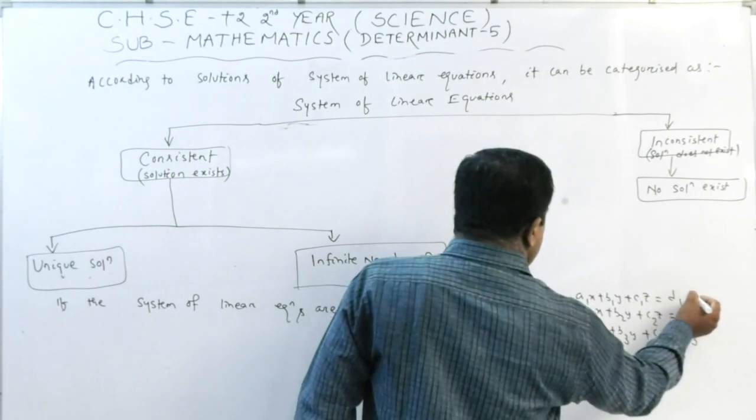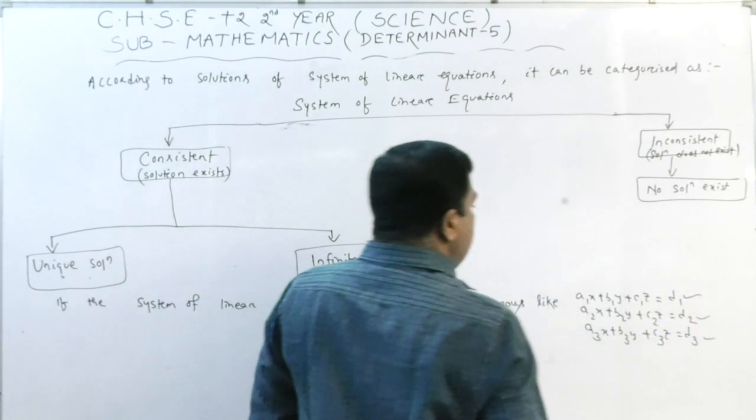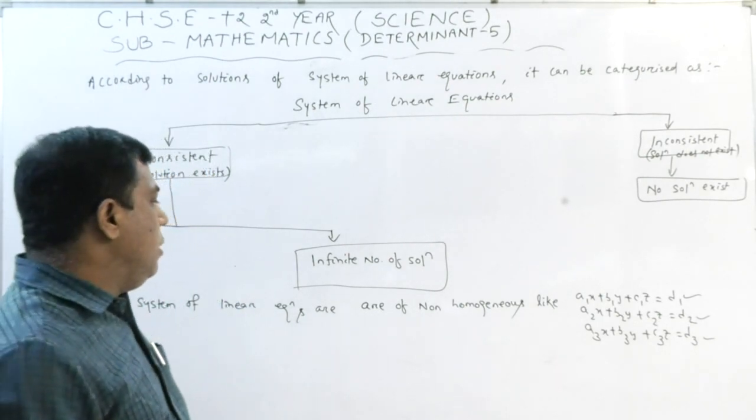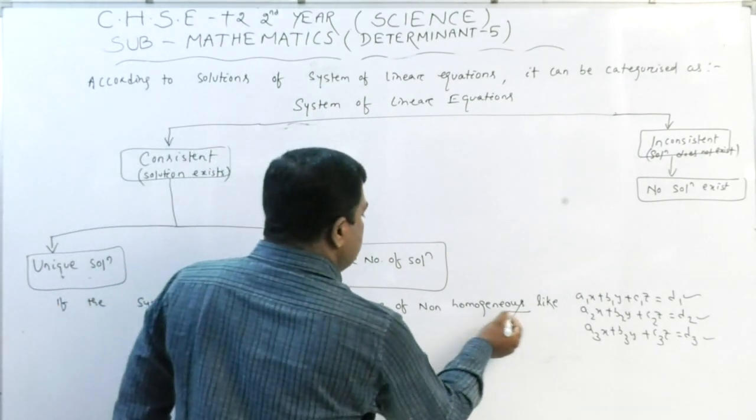You see here d1, d2, d3 are non-zero values. If all are not simultaneously equal to 0, then it is called non-homogeneous.